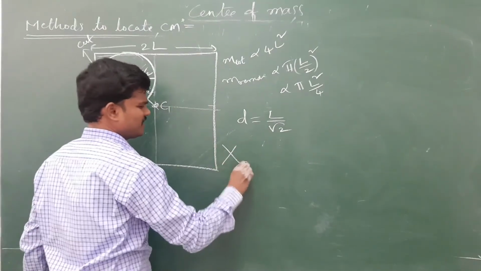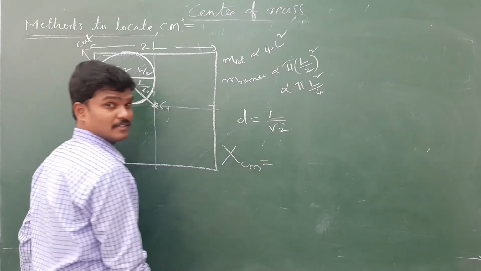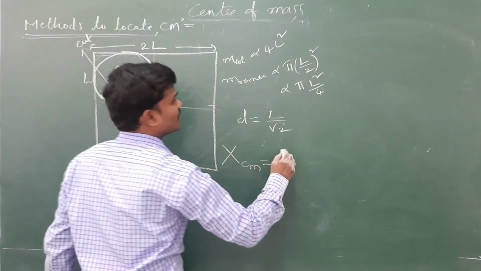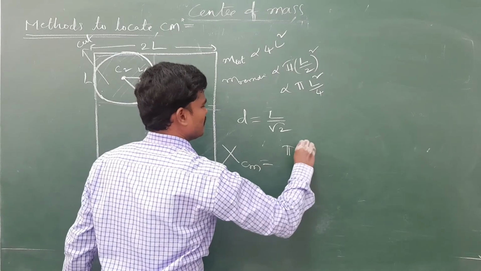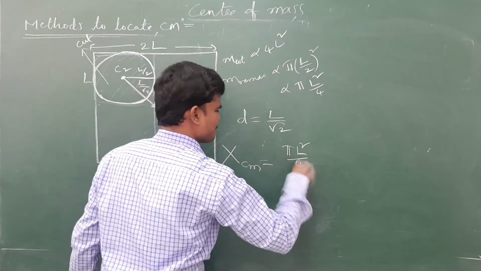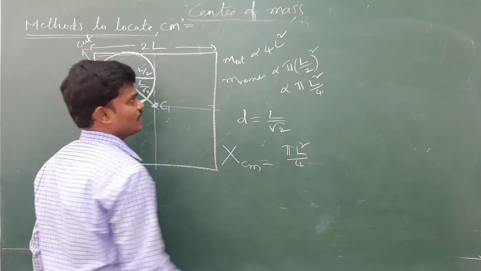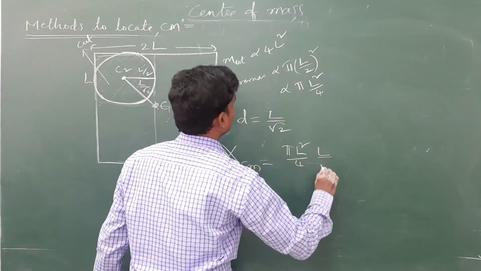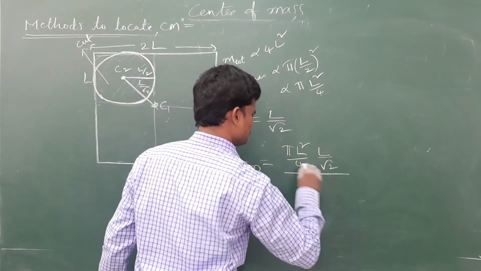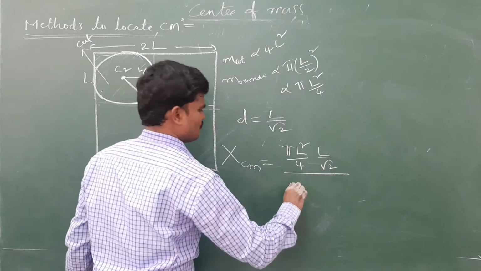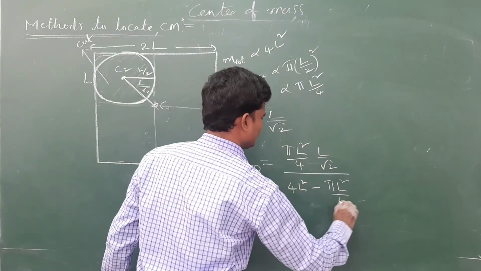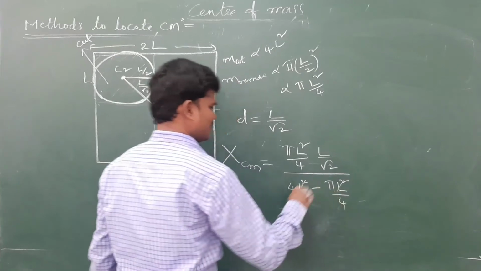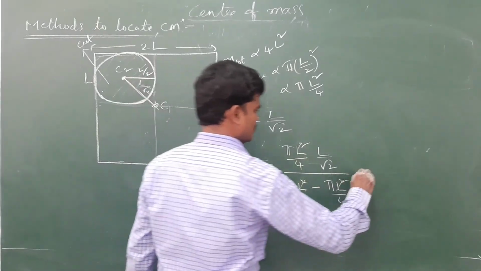So shift in center of mass. Mass removed, how much? Pi L square by 4 removed, into distance L by root 2, total 4L square minus pi L square by 4. So L square gets cancelled.